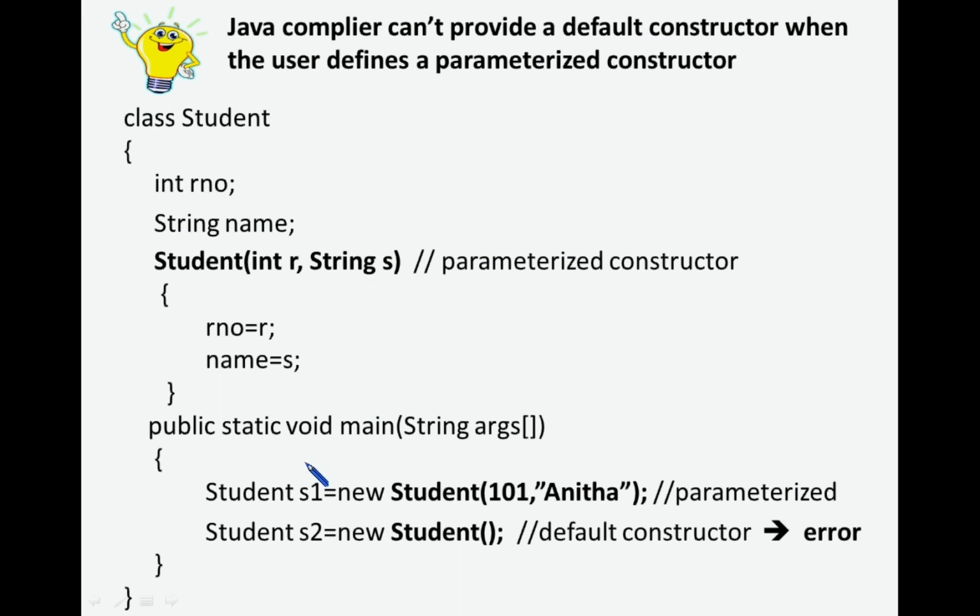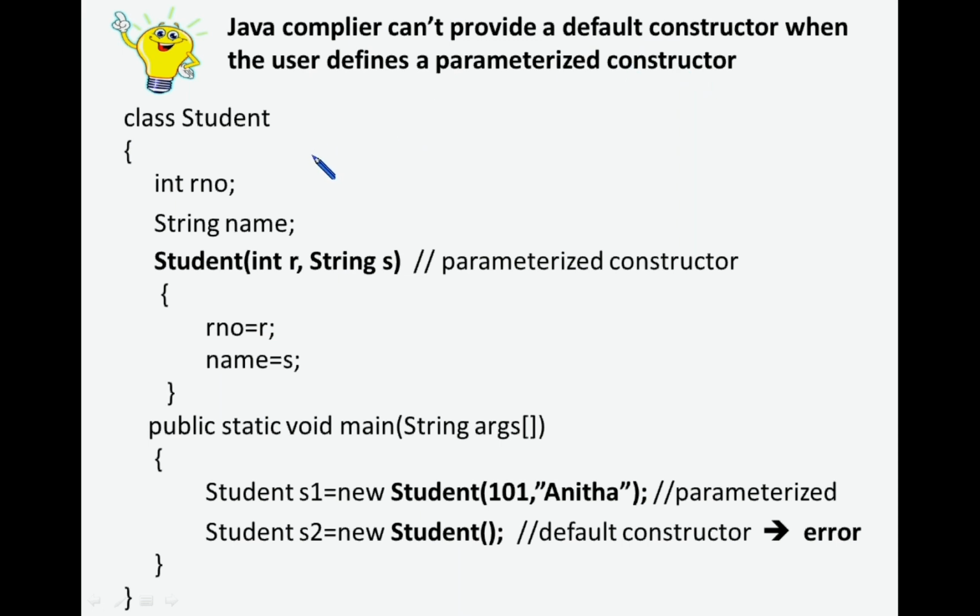So note it down. Now we try to create another object S2 for the student class where this is a default constructor. It leads to an error. Now this shows an error. The reason is Java compiler can't provide a default constructor when the user is defining a parameterized constructor. In general we no need to create any constructor.